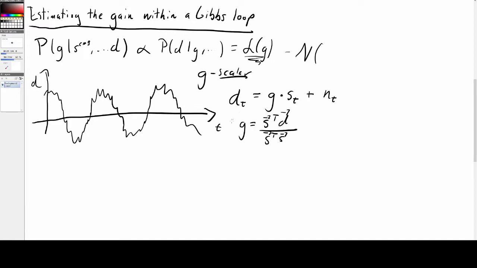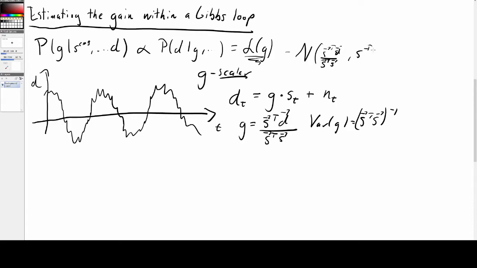This is the solution to the normal equation. So it's a normal with this mode, and a variance of G that, from the theory behind this equation, is given by S squared to the minus 1.